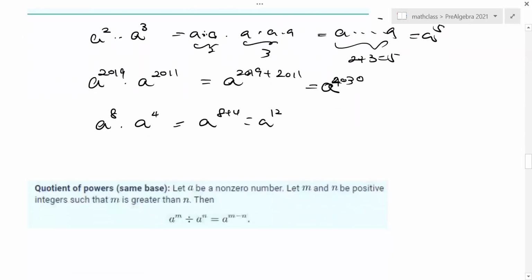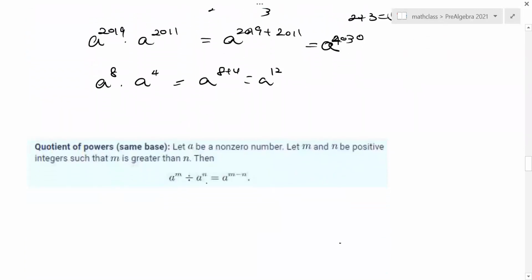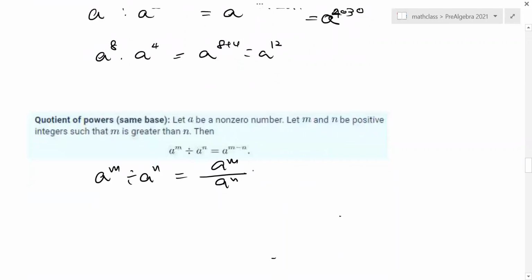Now let's take a look at some of the formulas. The notation a to the m divided by a to the n, we also denote by this, and we assume that m is greater than n. How do you prove that this is just a to the m minus n? You can show this is true using a specific example, but maybe that is not a proof.